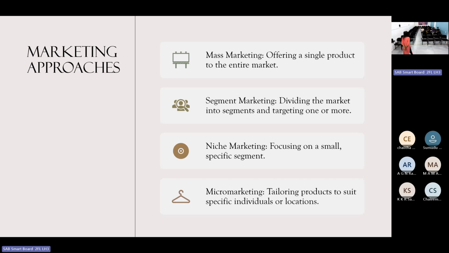Those mostly target the common needs of people, and they are served to all customers. There can be some slight differences, but mostly those products target the entire market. So that's what we call mass market. Okay? So here first I will give you a few points. You can write down the topic: marketing approaches.